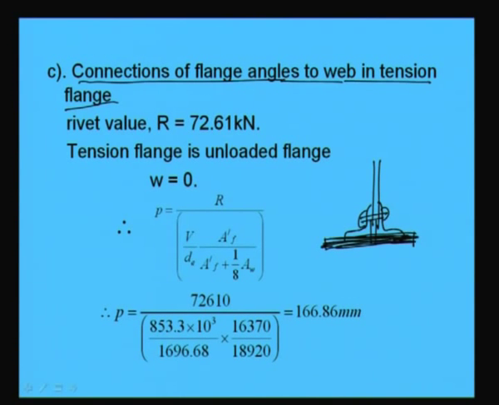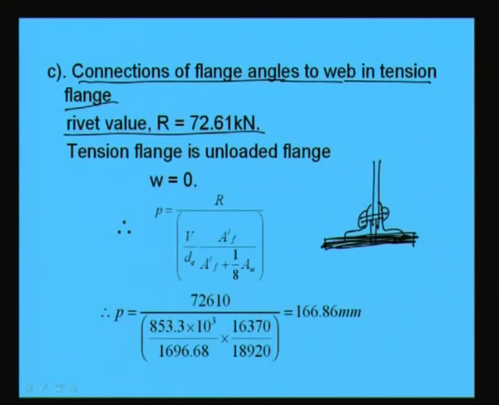So, from earlier steps we have seen the rivet value will become finally 72.61, because we have to check rivet due to double shear, here double shear will happen, and rivet value due to bearing. From these two conditions we will find out the least one as 72.61, rivet due to double shear, right.